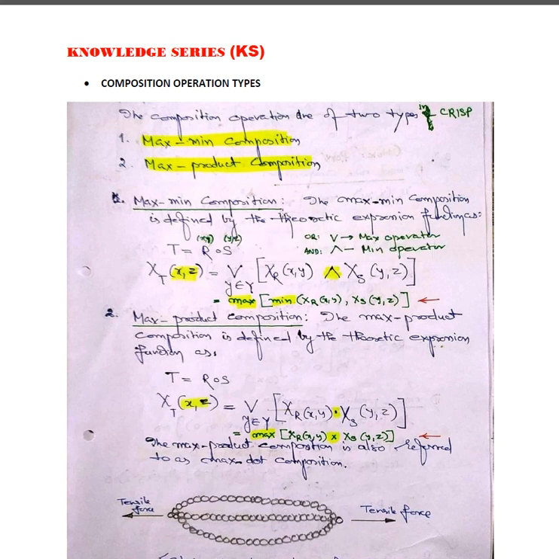Now this maximum-minimum composition is an interesting operation, and to understand it, if you look at this chain system, at the bottom I have shown a chain where, when you pull this chain, there are 3 different levels of chain beads.